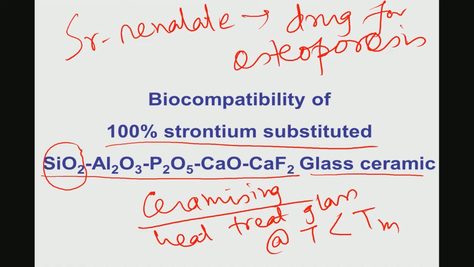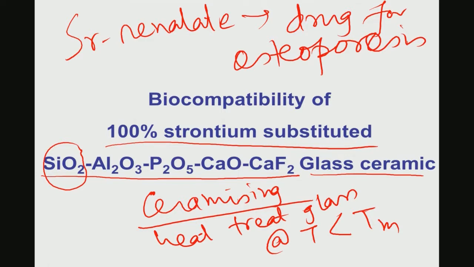Many orthopedic surgeons normally prescribe this commonly used drug, strontium ranelate. Inspired by its use, there is some limited research activity in my group as well as elsewhere in the world where people have tried to dope certain glass ceramic materials with strontium.